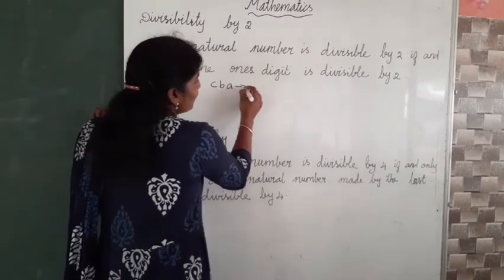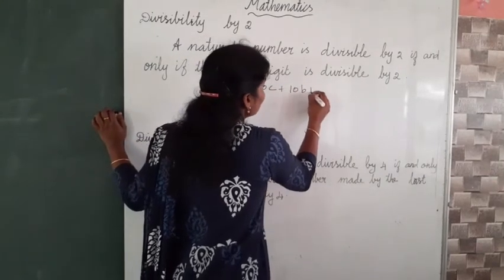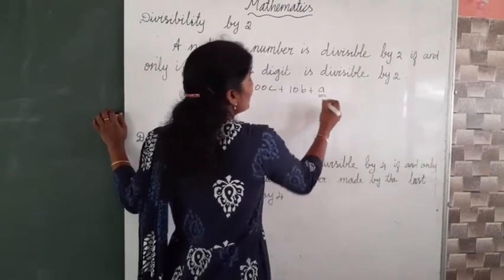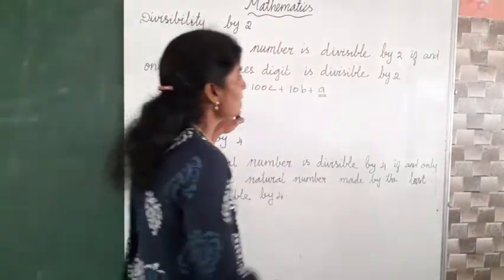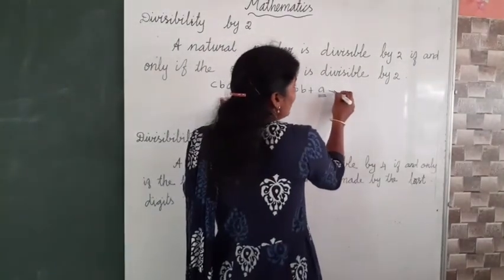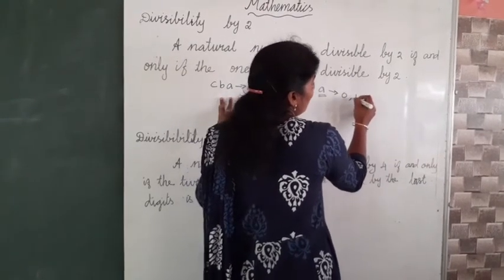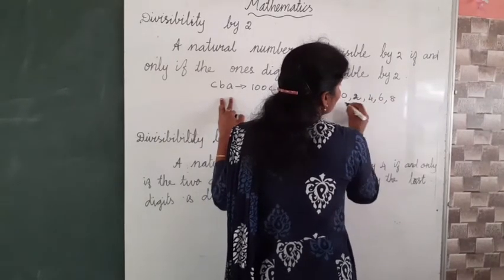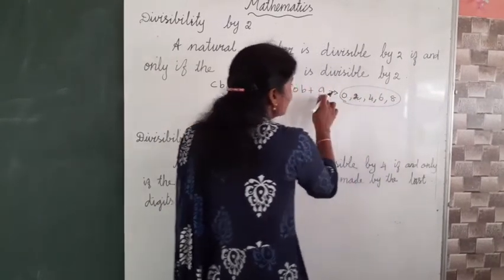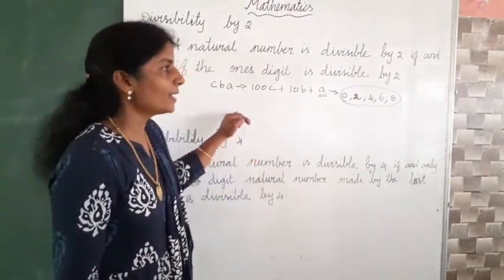So, one number that is CBA means 100C plus 10B plus A. Here the ones place we have A. So what's the value of A? Here the ones digit is 0, 2, 4, 6, 8. If these numbers are in the ones place, the number is divisible by 2.